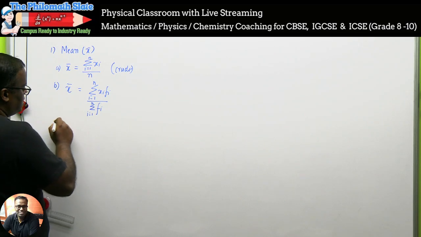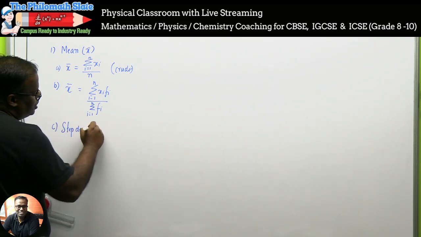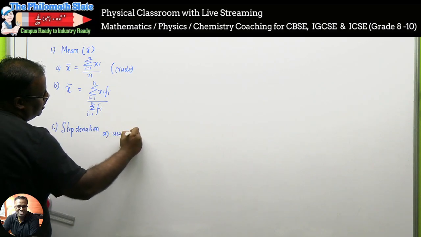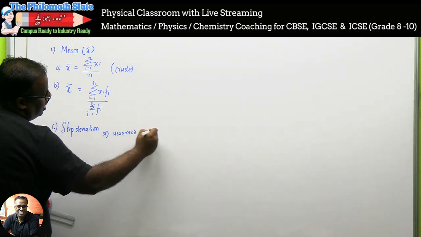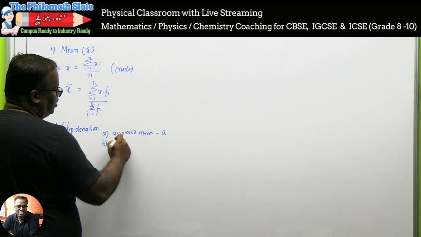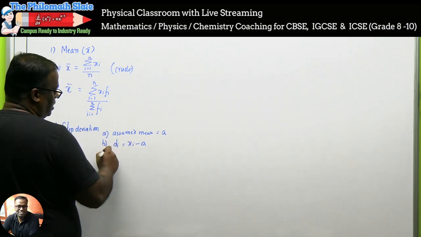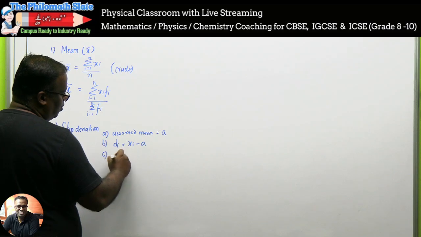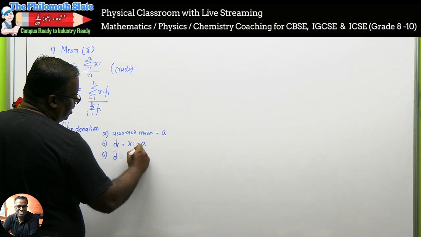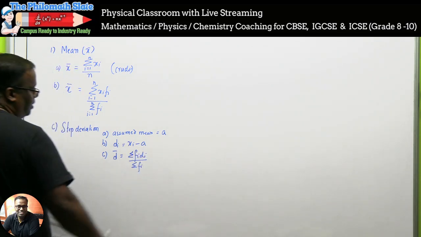Then comes step deviation. For this, our first job is to have an assumed mean, which we take as A. Second, you need to find a deviation d i, which is x i minus A. Third, you need to find d bar, which is sigma f i d i divided by sigma f i.